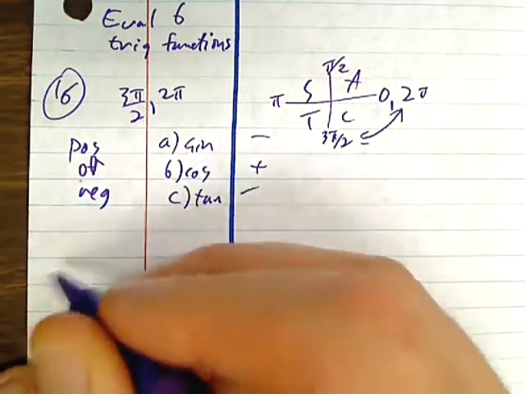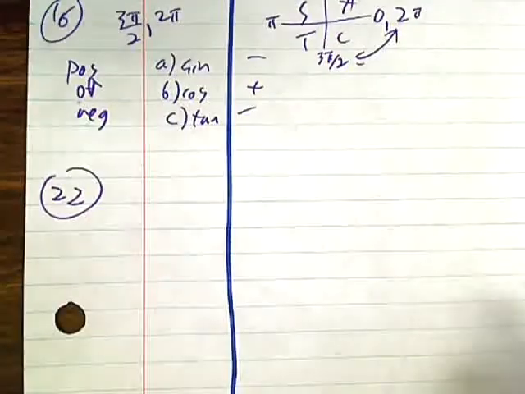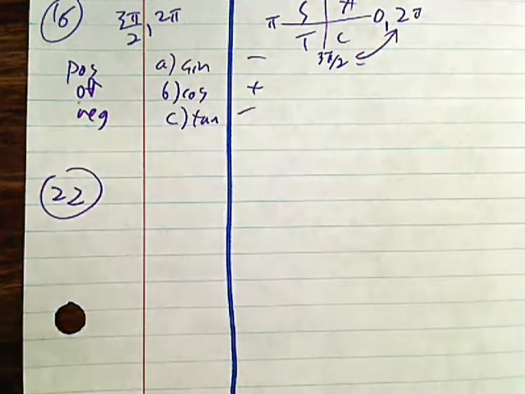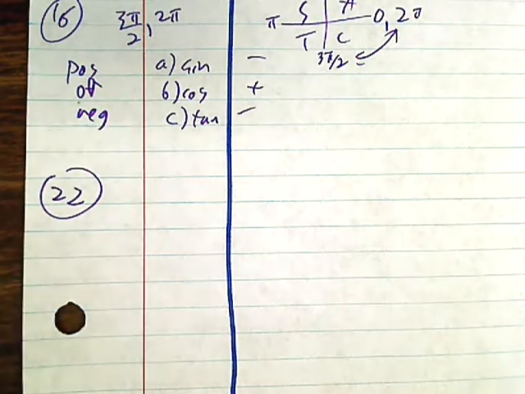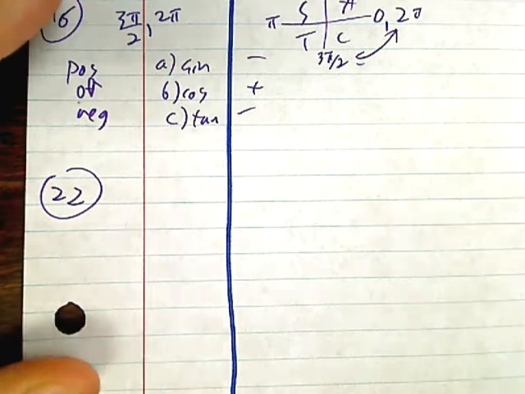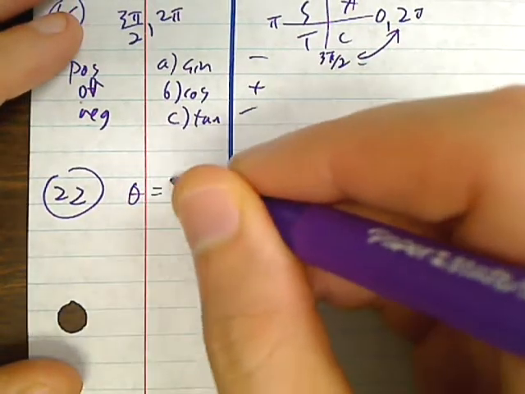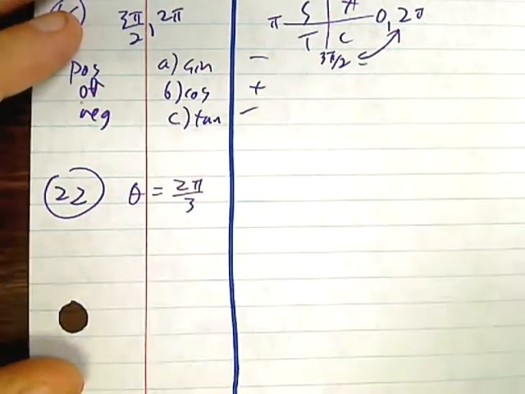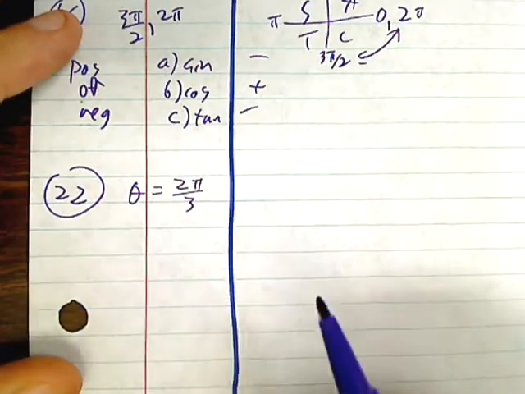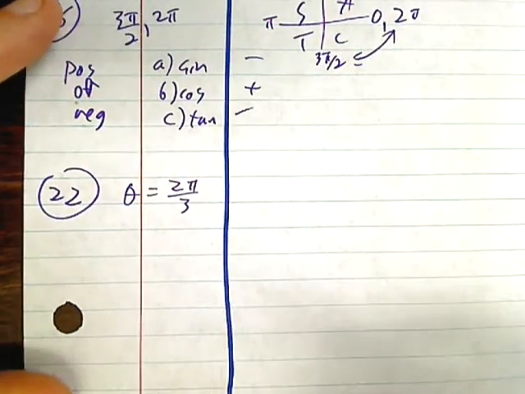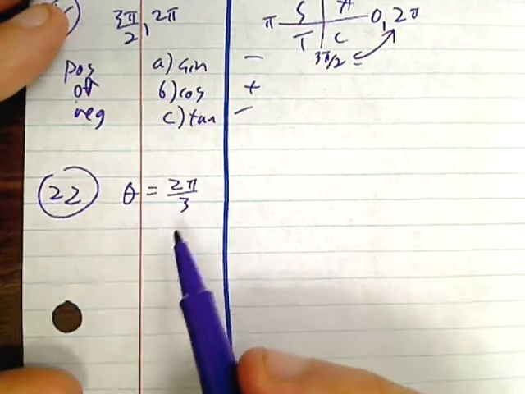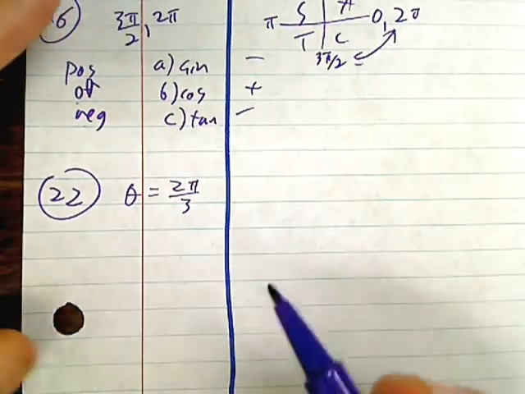Let's do one more, number 22. Last one. Number 22, choose a point on the terminal side of theta, where theta equals 2 pi over 3. You have three choices, and one of them is going to be on the terminal side. Negative 1, 1.